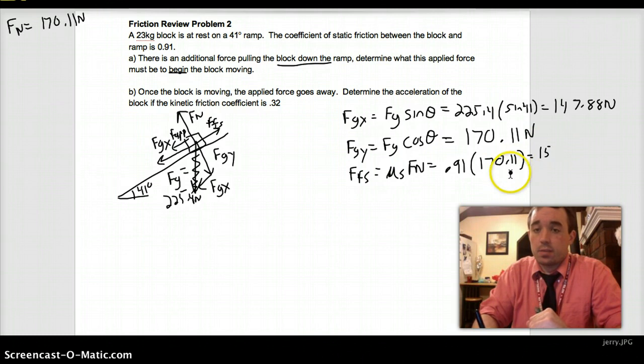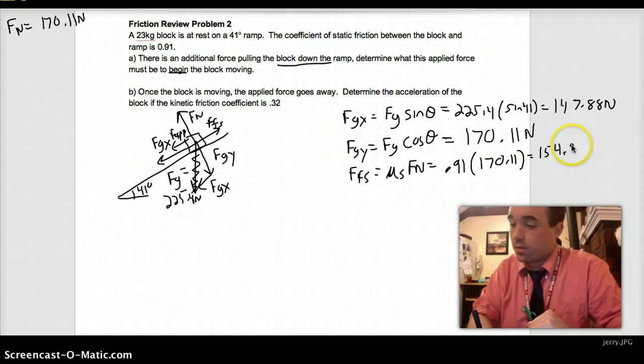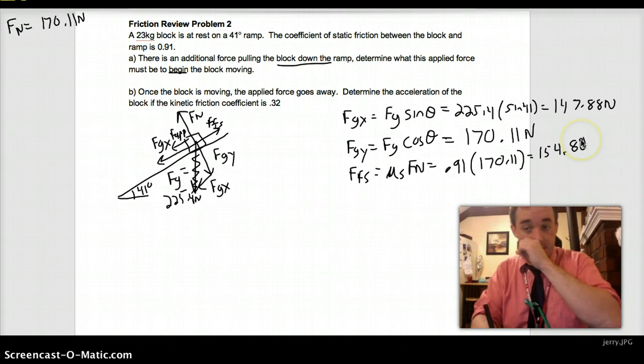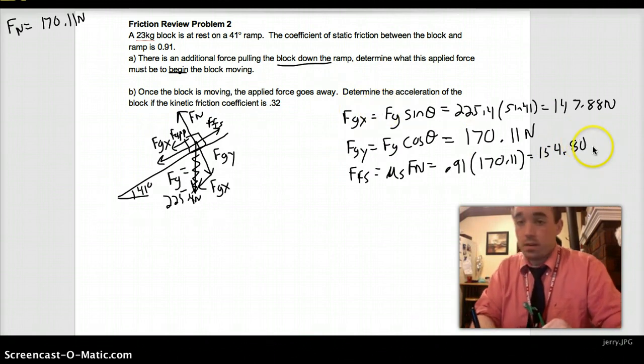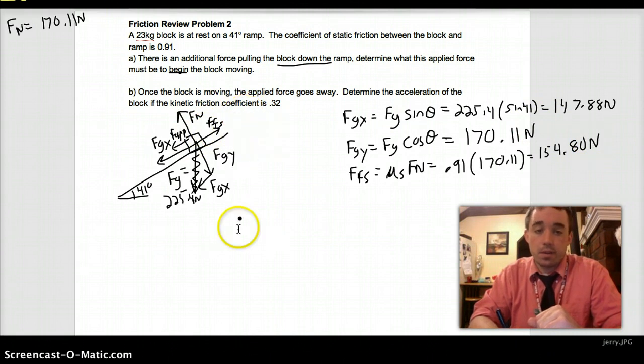I kept all the decimals after 170, so it might be a little low. Might be a little different than your number, but that's not a problem. I got 154.80 newtons. So I have a static friction force of 154 going up the ramp.